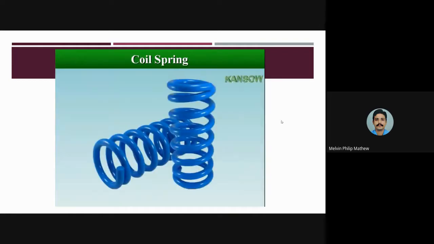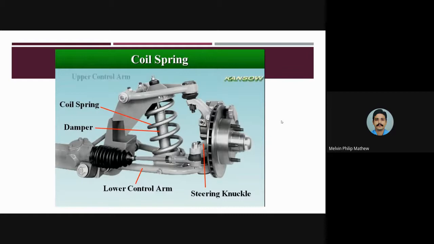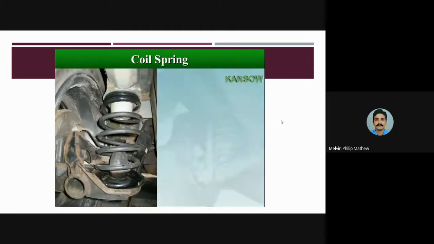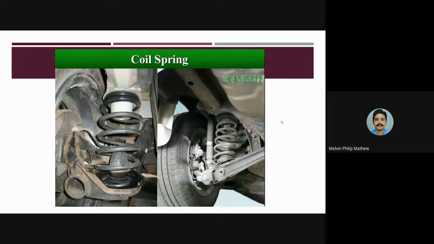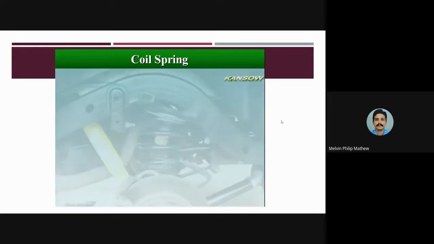A coil spring is simply a spiral of resilient steel rod. It is stretched or compressed by the vertical movement of the wheels. Coil springs are the most common springs used in front and rear of passenger cars. Coil springs absorb the force of impact by twisting.